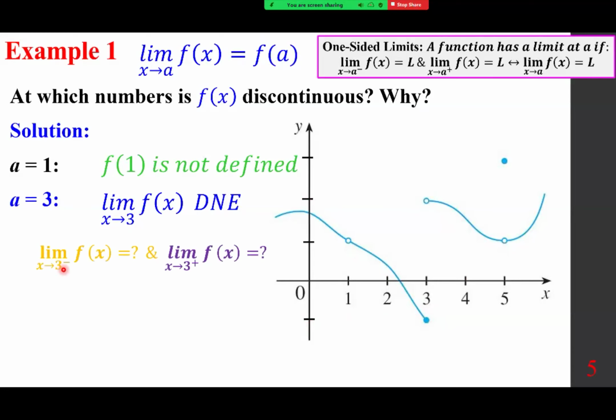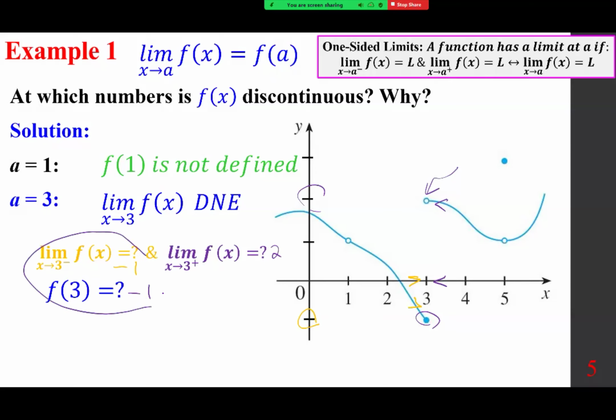So the limit of f of x as x approaches 3 from the left is -1. From the right of 3, we are moving towards this point, which is +2. And then f of 3, because we have a solid point here, is -1.